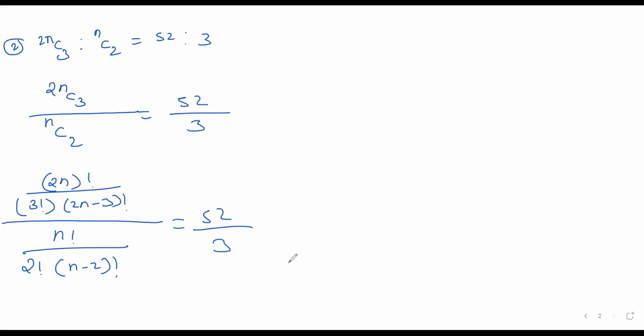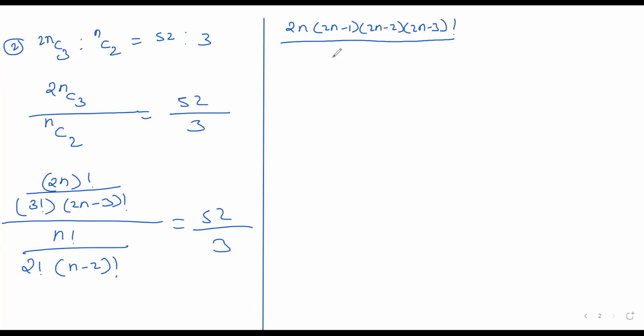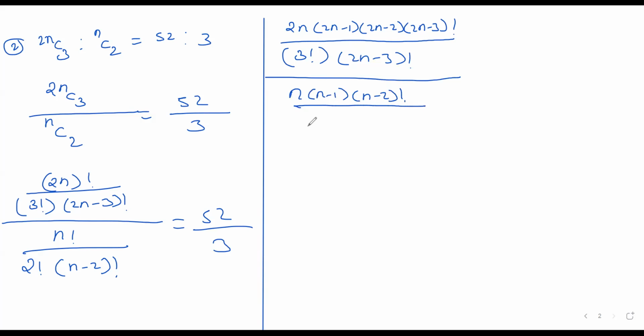So we can write down this 2n, 2n minus 1, 2n minus 2, 2n minus 3 factorial, whole thing upon 3 factorial, 2n minus 3 factorial, n, n minus 1, n minus 2 factorial, 2 factorial, n minus 2 factorial is equals to 52 by 3. This and this will get cancelled, this and this will get cancelled.